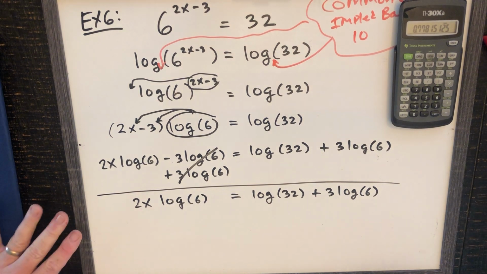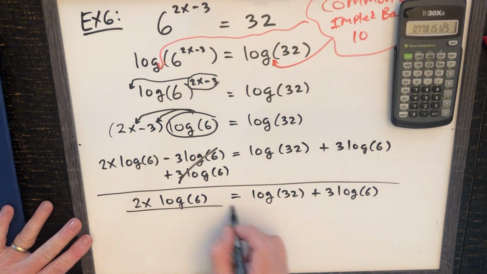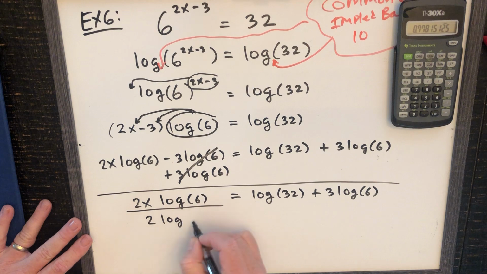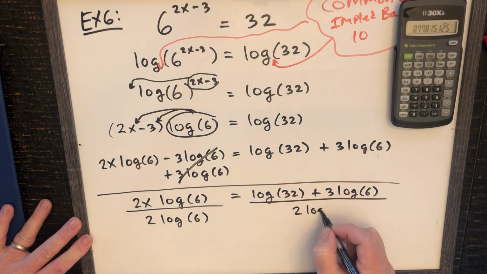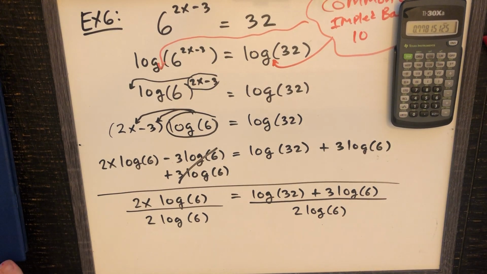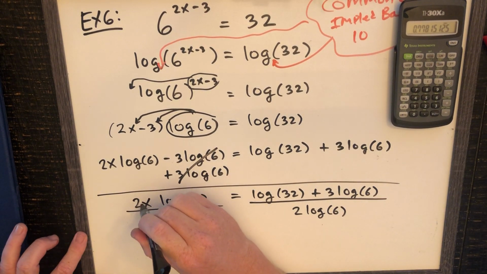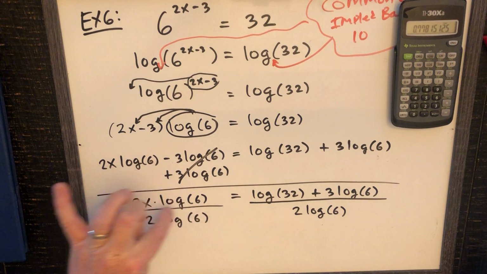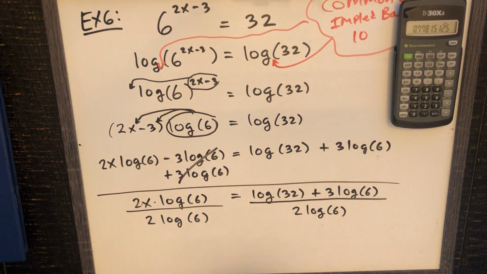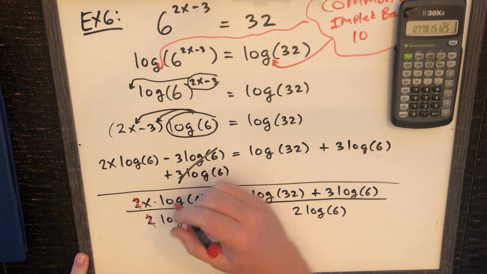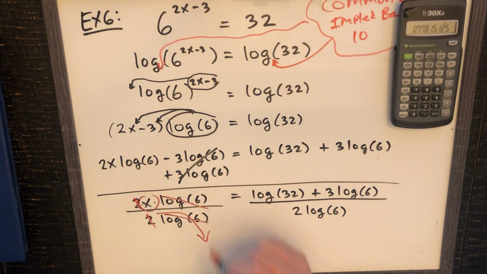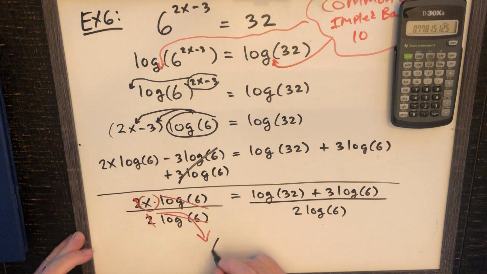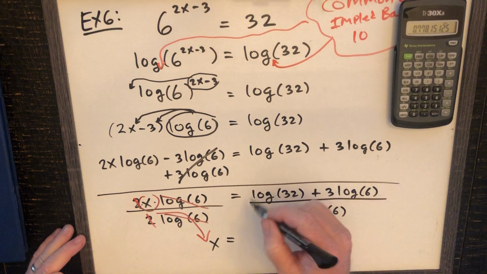Finally, I'm going to divide both sides by 2 log 6. These are all products here, so this is like a factorization, so I can easily divide off the common factors and isolate my x. So now I've got x is equal to all of this.